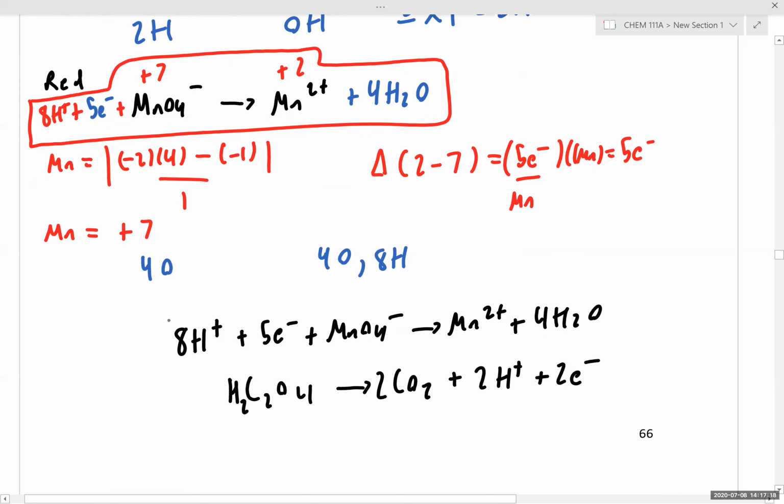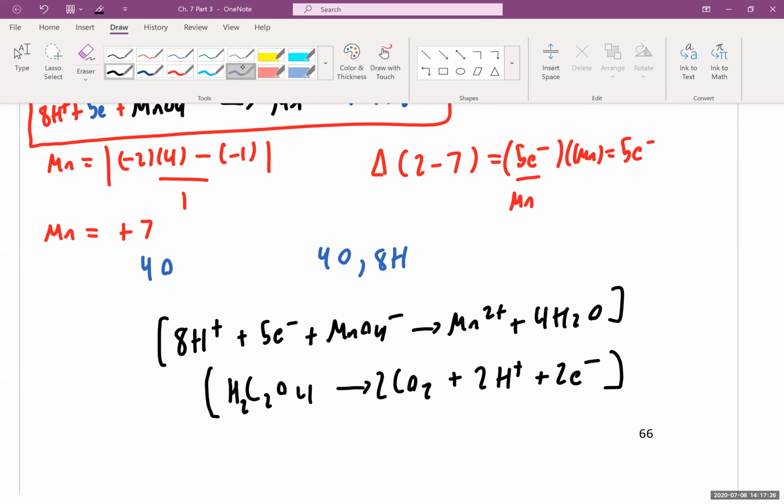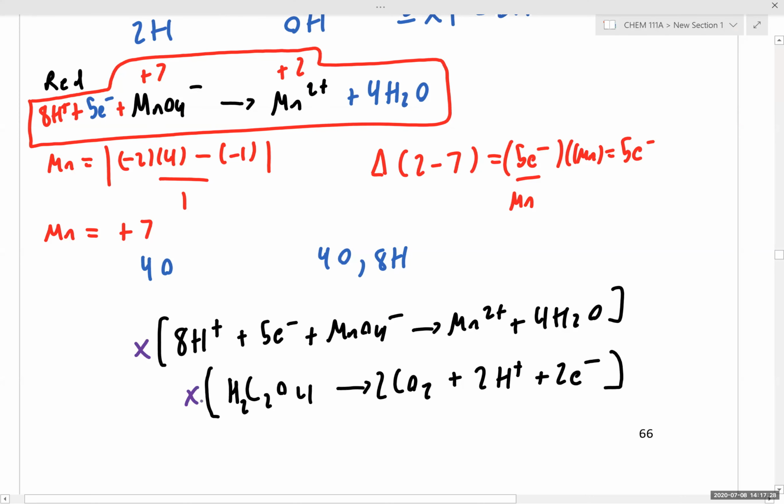And now what we do is we find the least common multiple between our two half reactions. So what is the smallest common number of shared electrons? What is the smallest? 10. Yep. Perfect.